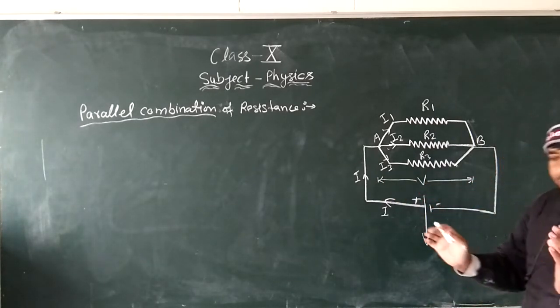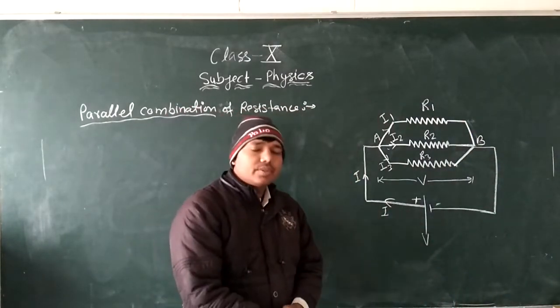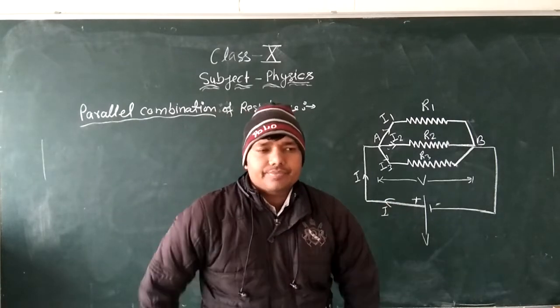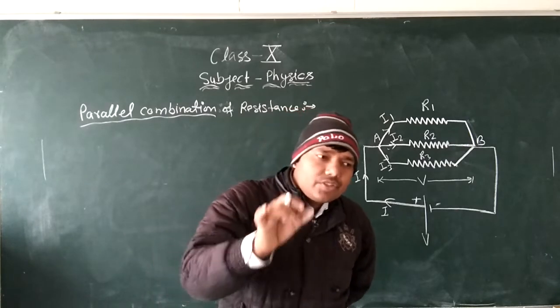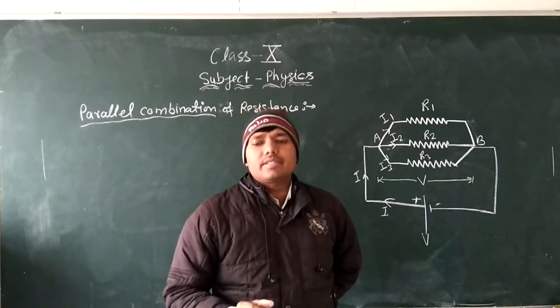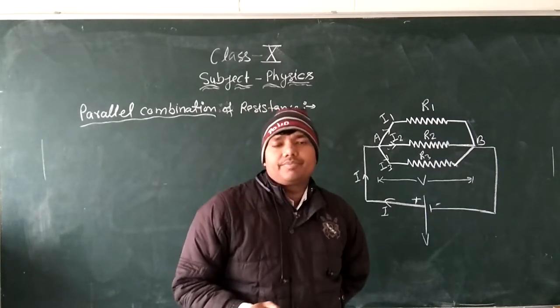What is the difference between series and parallel combinations? In series combination we have seen that the current across each resistor is the same, but the potential difference is different.